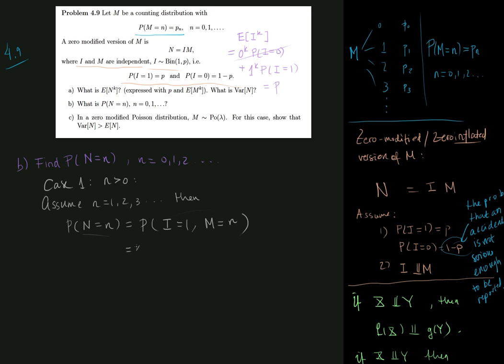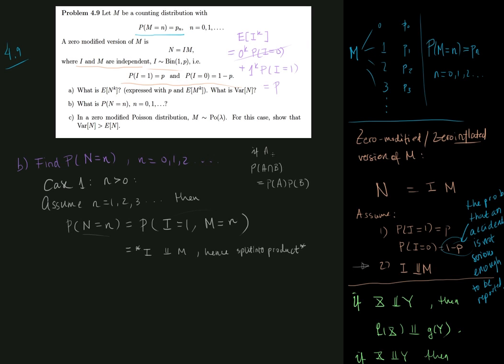Now what can I do? Well, I can use the fact that I and M are independent, right? We have assumed that I and M are independent. So I is independent from M. Hence, we can split this up into the product of probabilities. And the exact rule that we use here is that if I have two independent events, then the probability of their intersection is equal to the product of each of the probabilities.